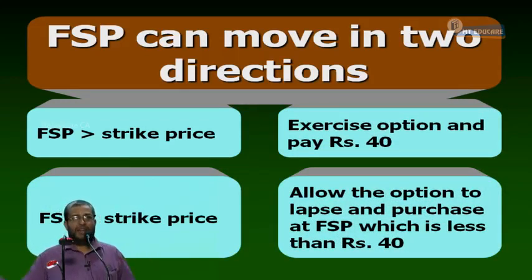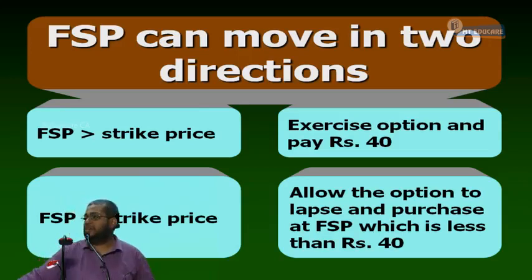Second branch, FSP less than strike price. Greater than strike price, what will you do? Exercise the option and pay rupees 40.